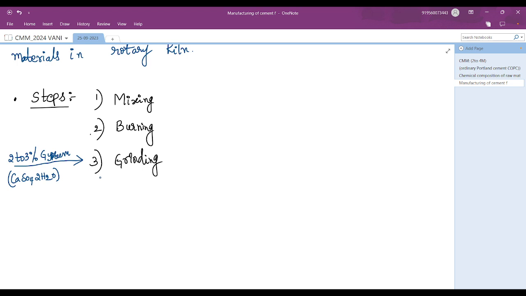Please make a note of it. Even this can be expected as a question. I think this was asked in a previous year GATE. So we add 2 to 3% of gypsum to retard setting caused by alumina. These are the steps involved in manufacturing cement: mixing, burning and grinding.